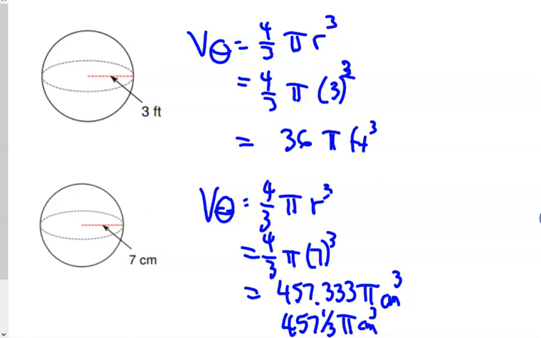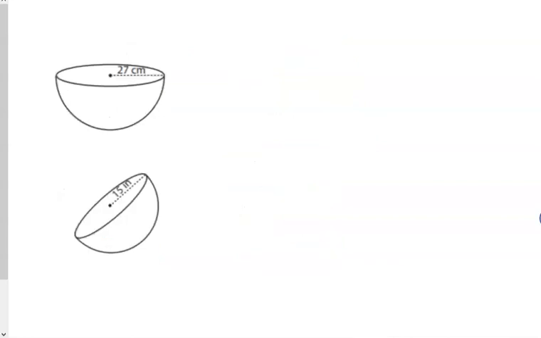You're going to find in the worksheet that you're asked to change the pi over to 3.14, so you're going to be getting some kind of approximation. But again, it's 4/3 pi r cubed. In the hemisphere, the volume of the hemisphere is 2/3 pi r cubed.